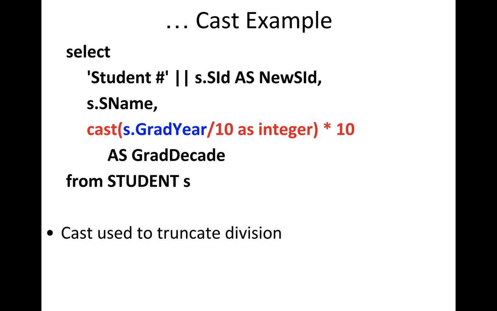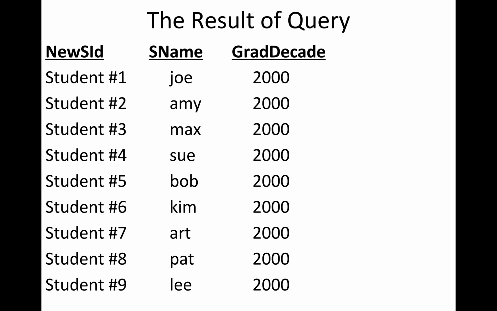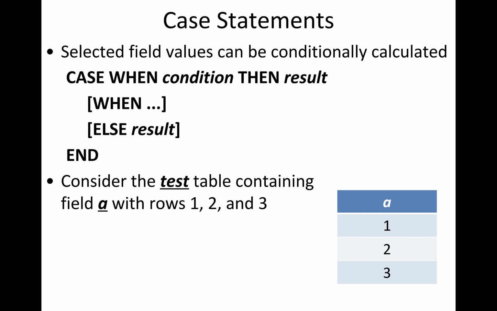And then we multiply by 10, so we can calculate the decade, and then store it in graduation decade. So, for instance, we come up with you graduated in the 2000s, the 2010s, or the 2020s, and here's the new SID based on the original value.